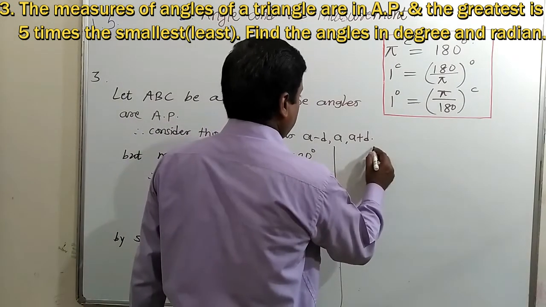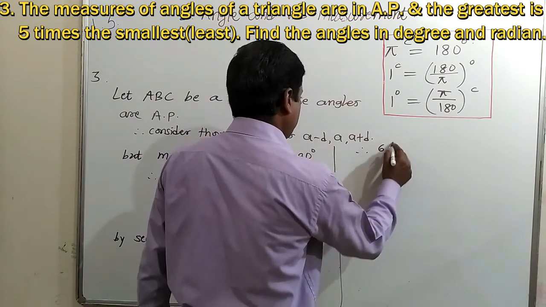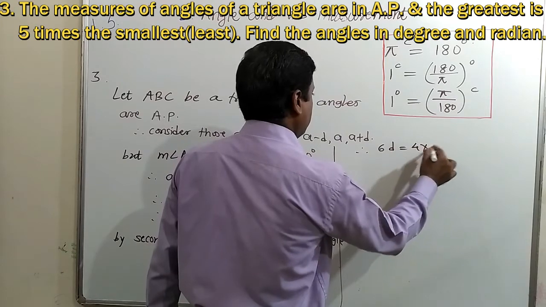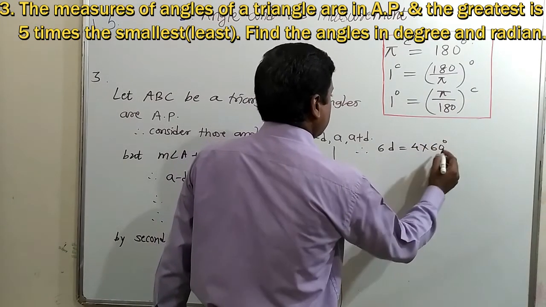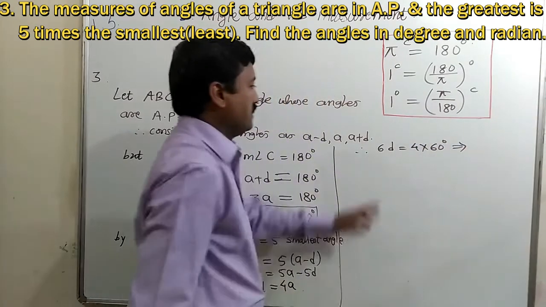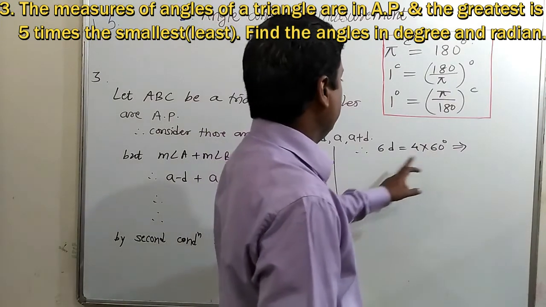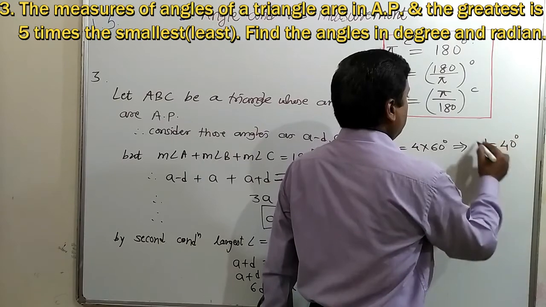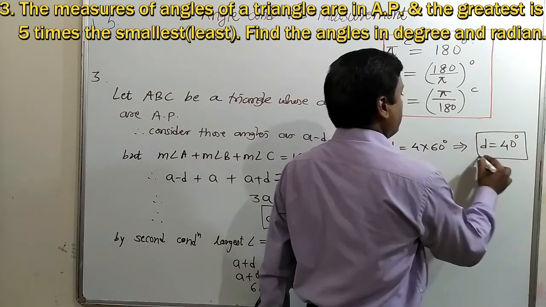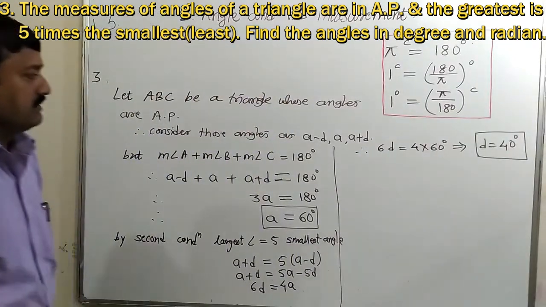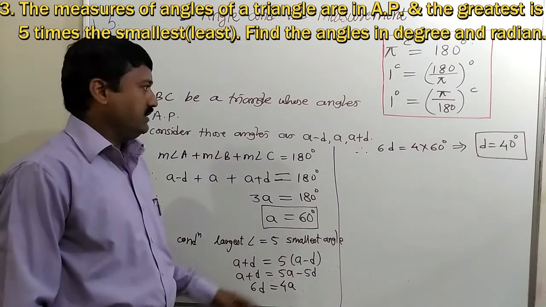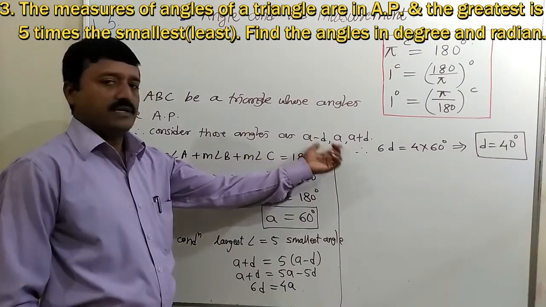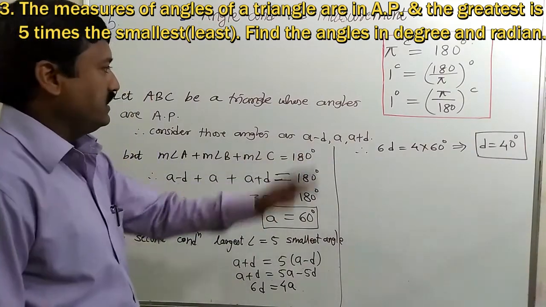So 6d is equal to 4 into 60 degree, cancelling 6 we get d is equal to 40 degree. So d is equal to 40 degree, that is our second unknown. Now a and d are known.